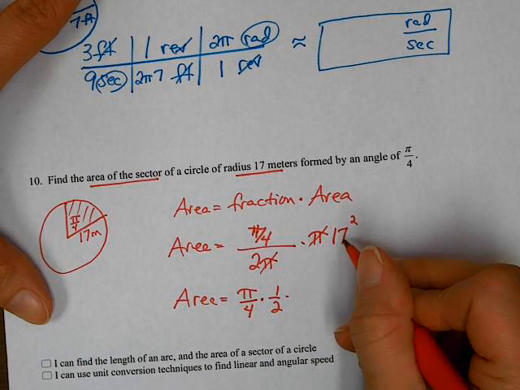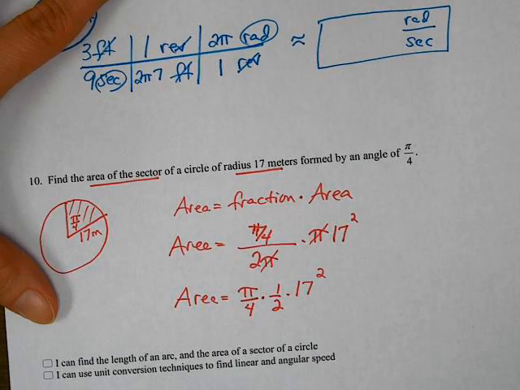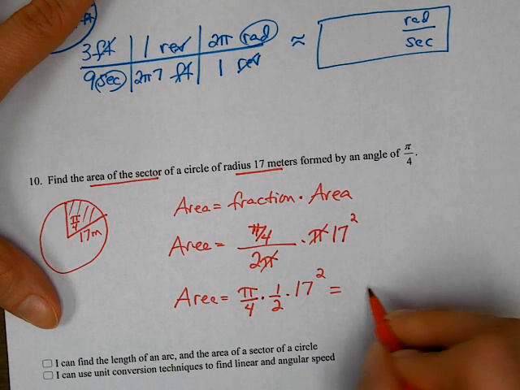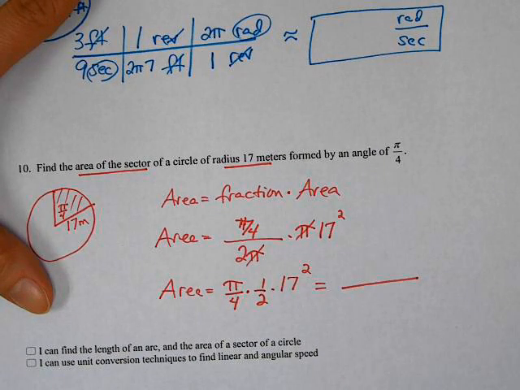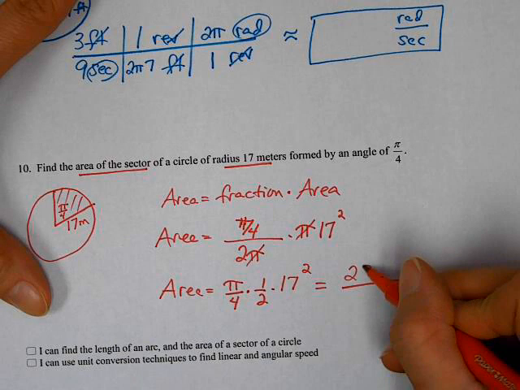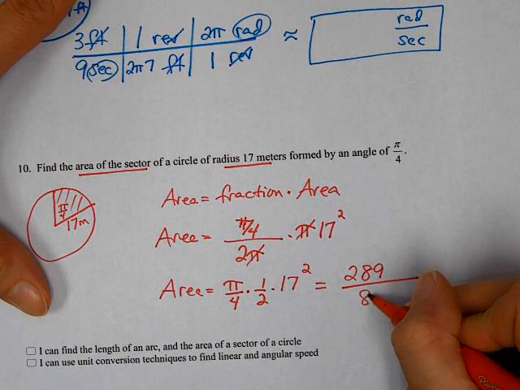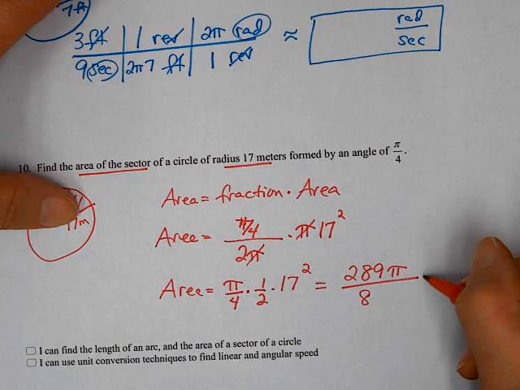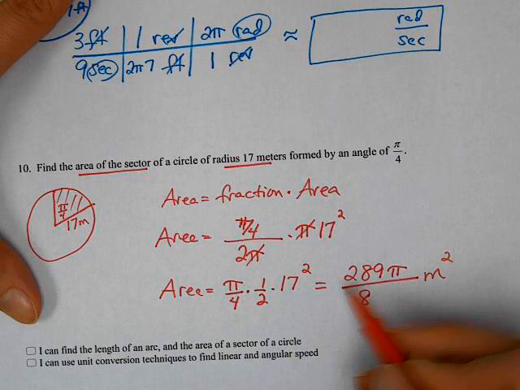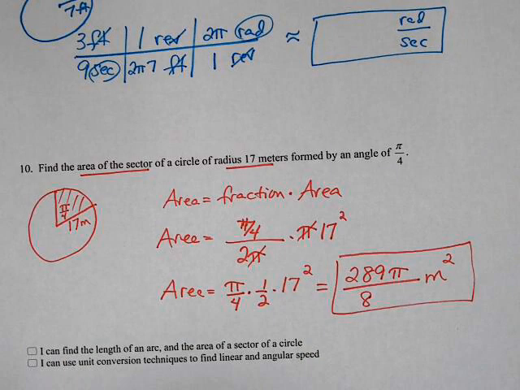And then we've got 17 squared. So the final answer. Does anyone know what 17 squared is? 289. The denominator is going to be 8. And then we can't forget our pi. And the units for this one would be meters squared. If you wanted to know the decimal, you could just type all that in.